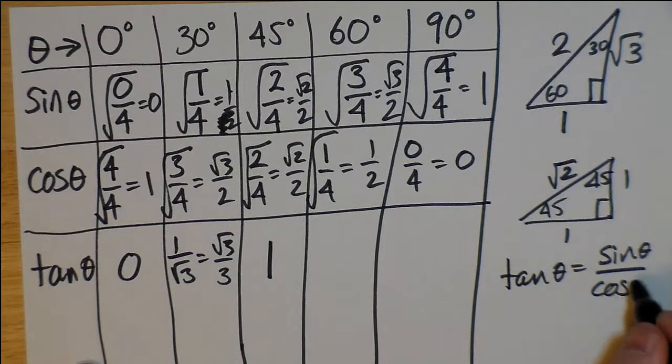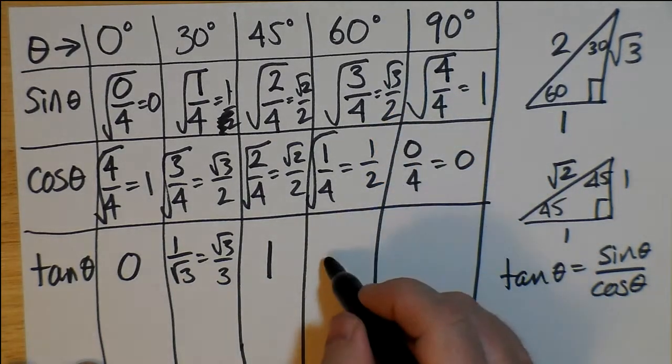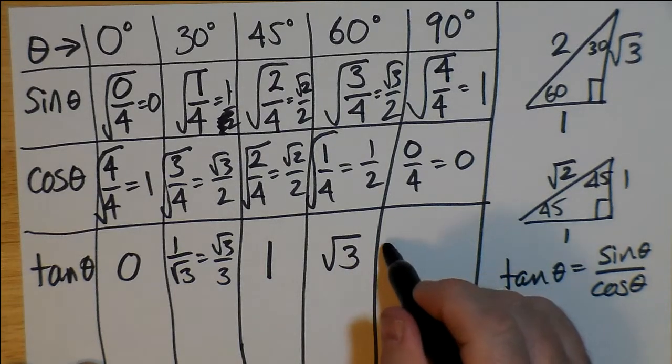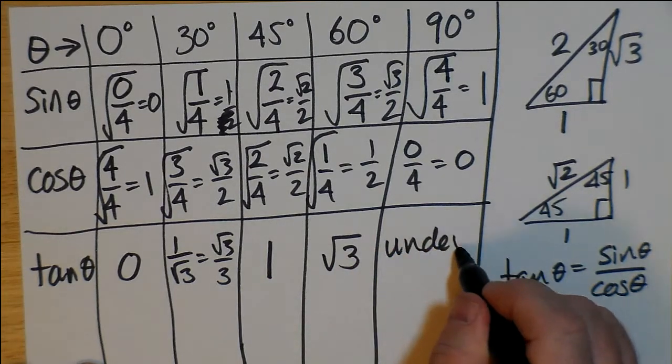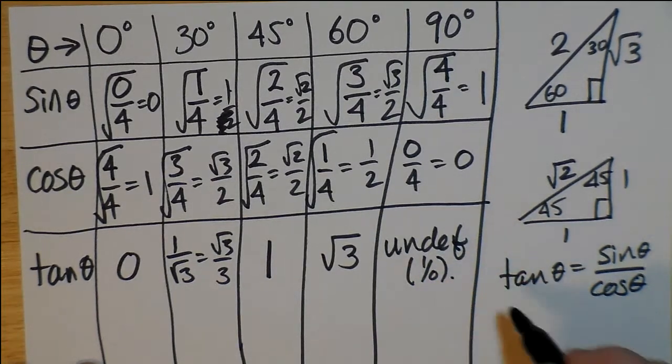Well, that's nothing more than root 3. That's because the 2's cancel, and we're left with root 3 over 1. And as for 90 degrees, the tangent of 90 degrees is undefined, and on the graph, this is shown as an asymptote. And that's because we're dividing 1 by 0.